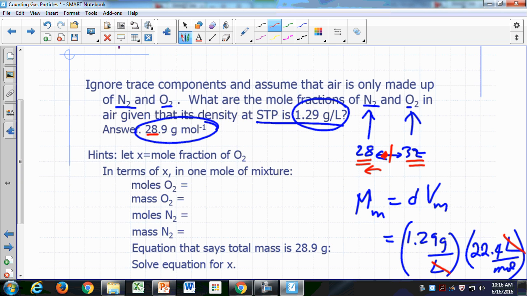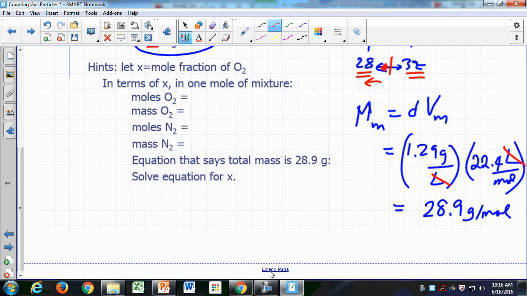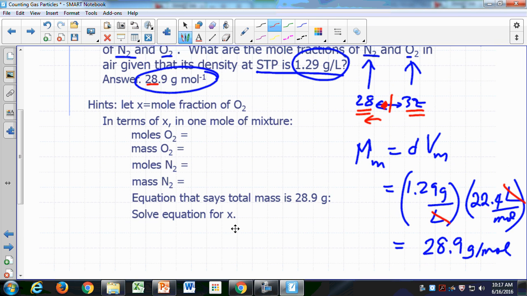So let's solve for the mole fractions of N2 and O2. All you really need to keep in mind is that average molar mass is just the total mass divided by total moles. So let's assume we have 1 mole.